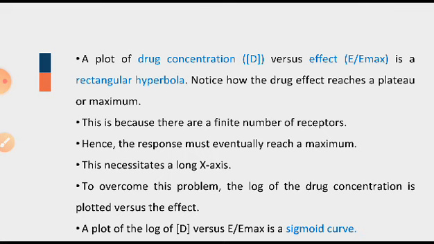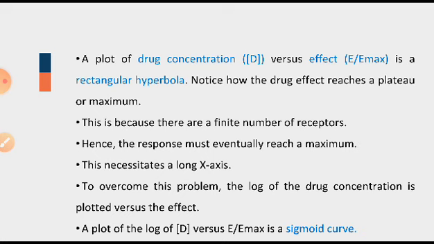Hence, the response must eventually reach a maximum, right? This necessitates a very long x-axis, because finite receptors are there and it reaches a maximum dose. So that is not possible to draw. That many receptors are there. You can't keep on increasing.